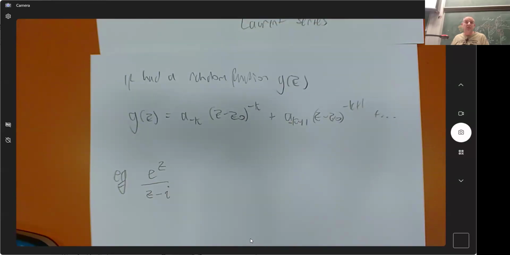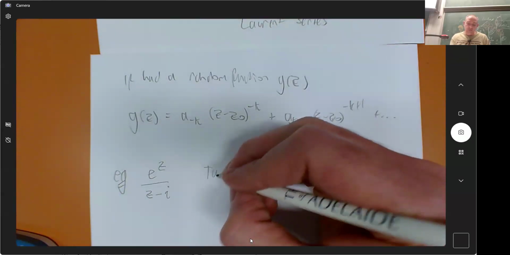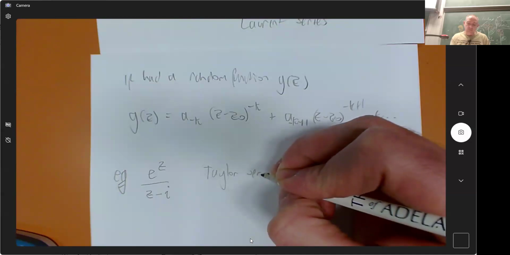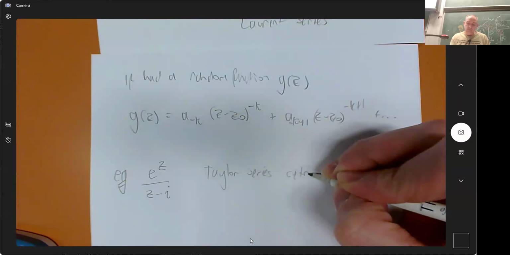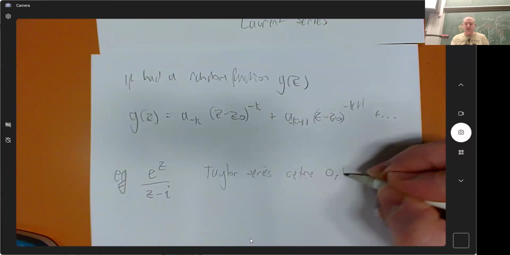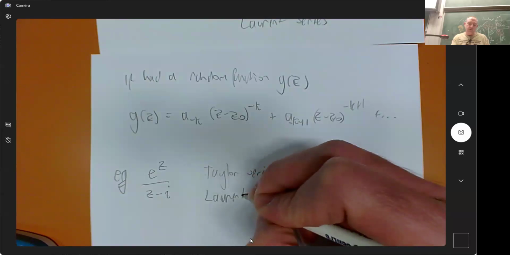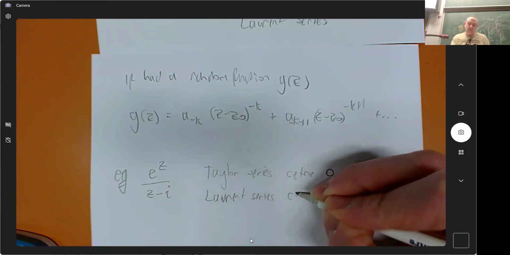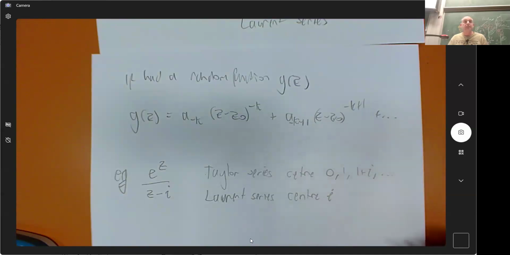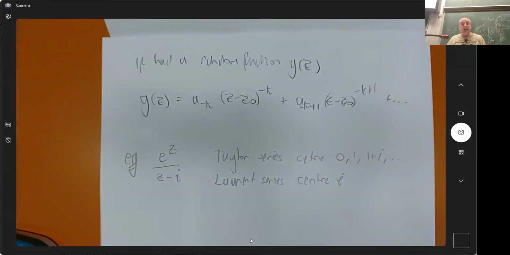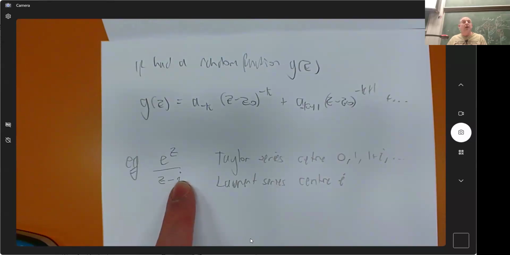It has an ordinary Taylor series with center 0, or 1, or 1 plus i, or any center other than i, but it will have a Laurent series for center i. And that Laurent series will have (z minus i) to the negative 1 at the beginning.